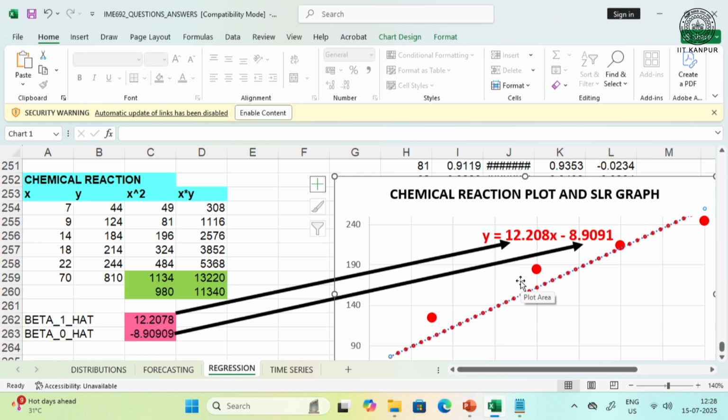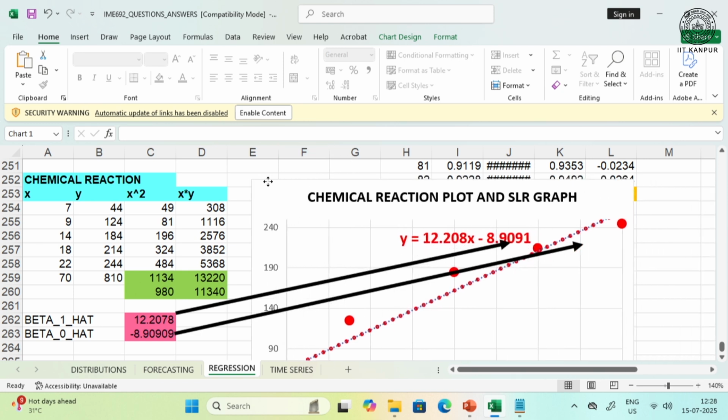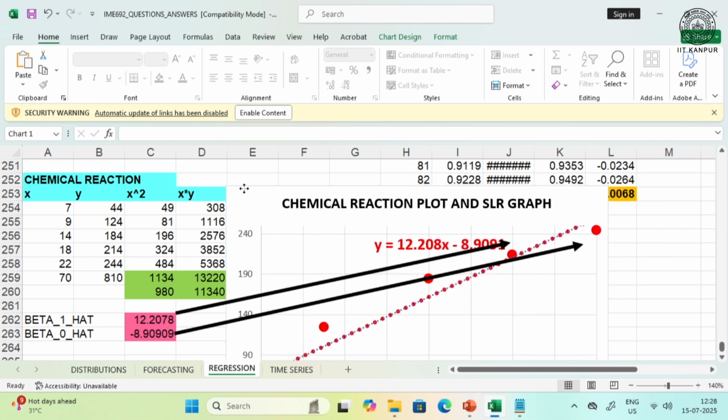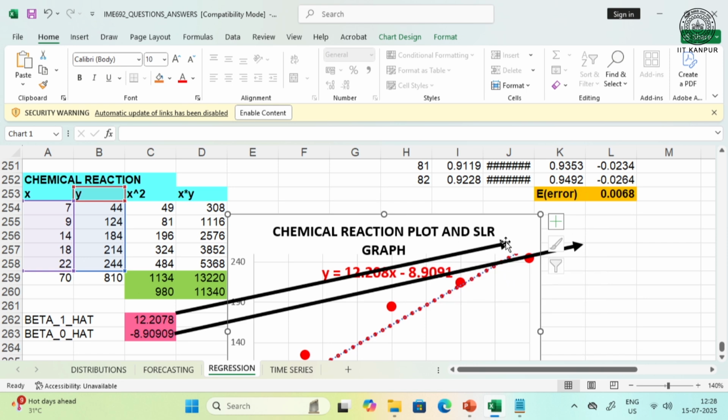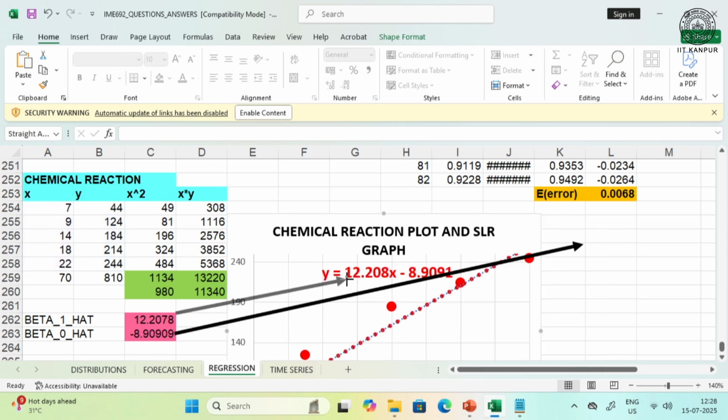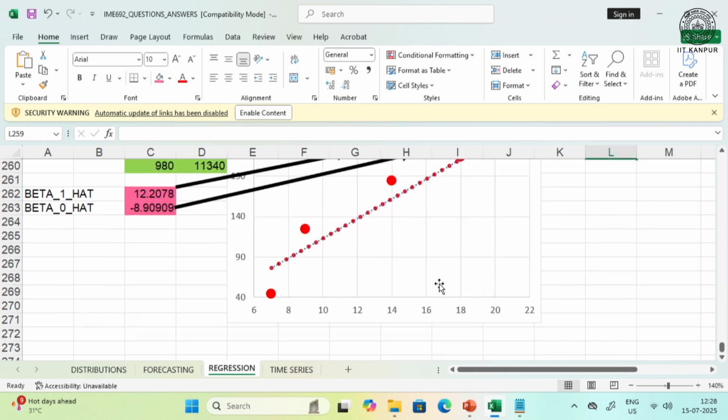So the calculations were shown for the chemical reaction problem. I will move this graph a little bit here. So this part is taken care of. This is the first problem, the second problem solved for simple linear regression.